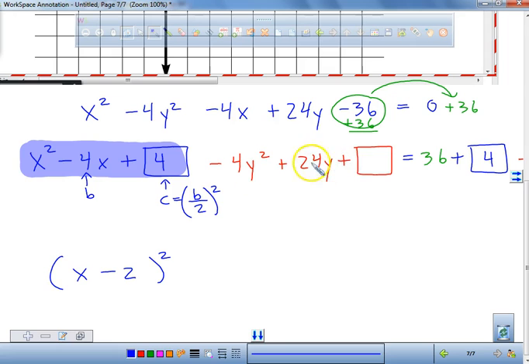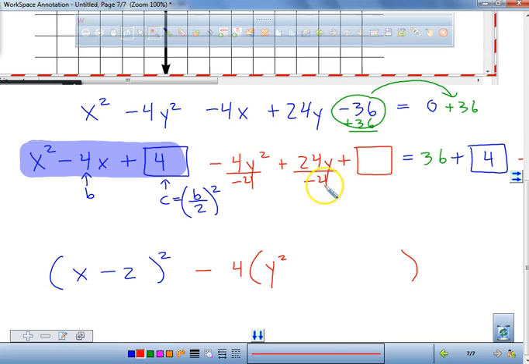Unfortunately, this one right here is not as easy. What am I going to have to factor out first? -4. So we're going to factor out the -4, everybody. We're going to say minus a 4. We're going to open up a big old parentheses right here, and watch. I'm going to take everything right here, and I'm going to divide it by a -4. So this -4 cancels out this -4, and all I have left is a y squared. I have a 24y.